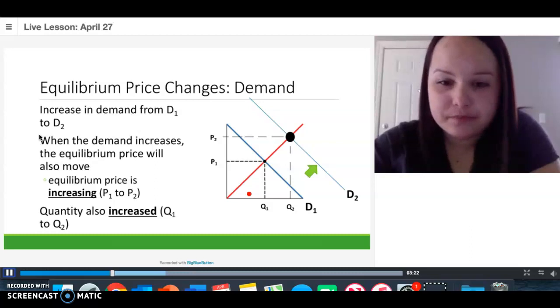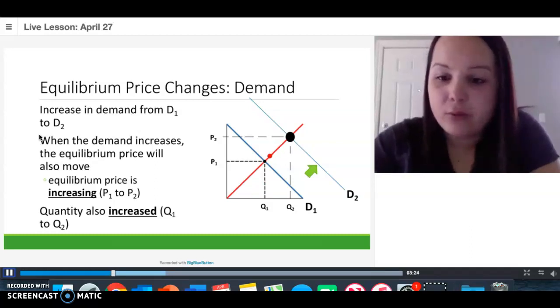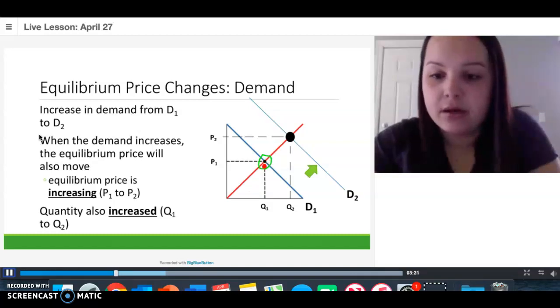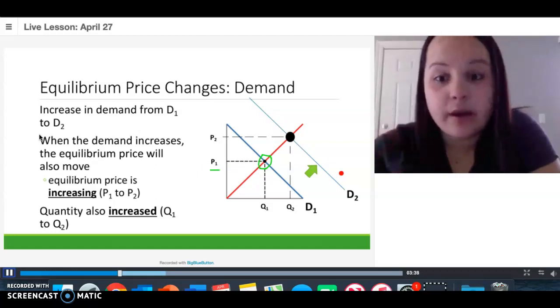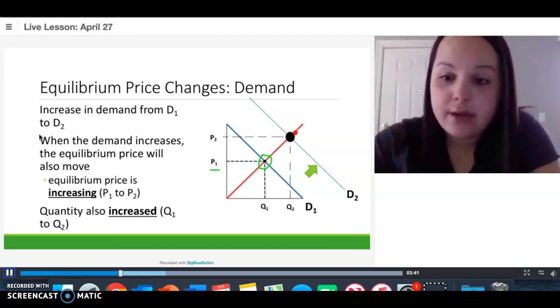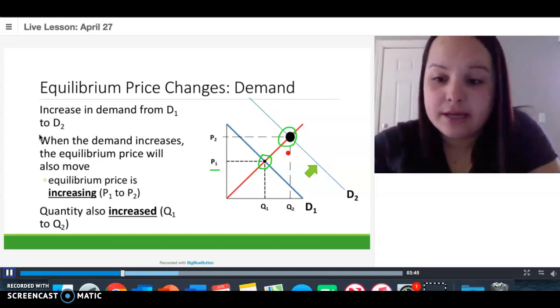So if we are looking here, looking at the original intersection of the supply and the demand curve, you'll see this little dot here, the black dot that I just circled. That was the original equilibrium price. That was P1. But as the demand increased from D1 to D2 for whatever reason, you can see now with this big black dot, which I'm circling again, this is the new intersection of the supply curve and the new demand curve.